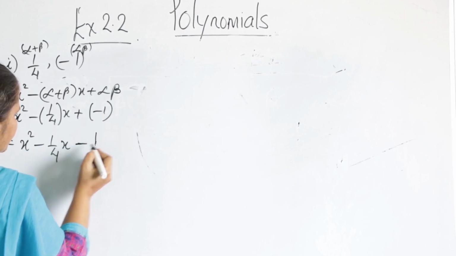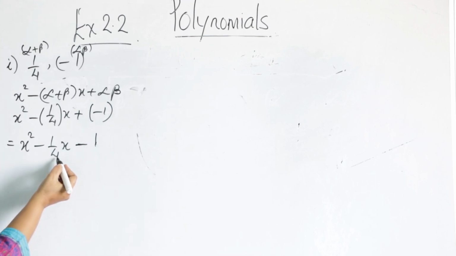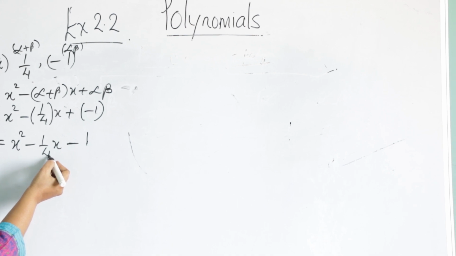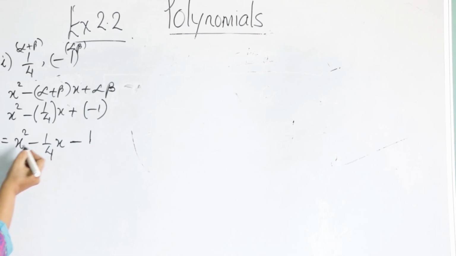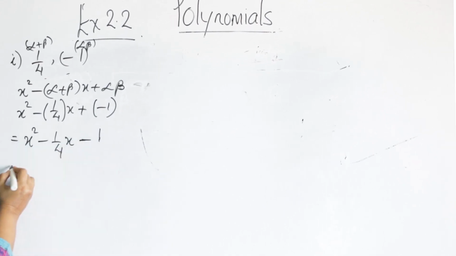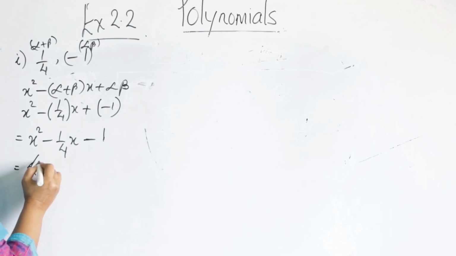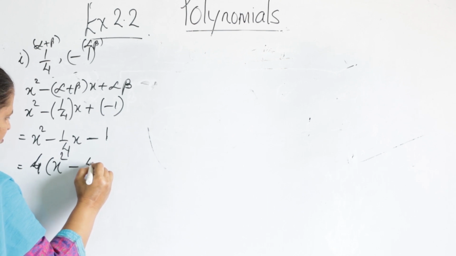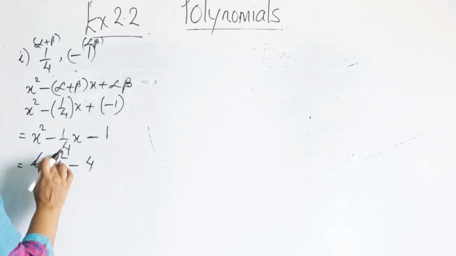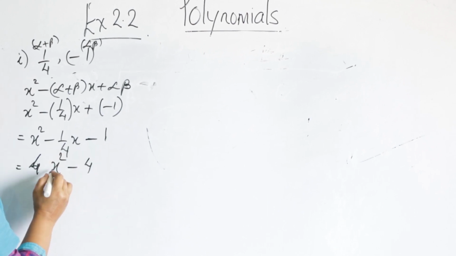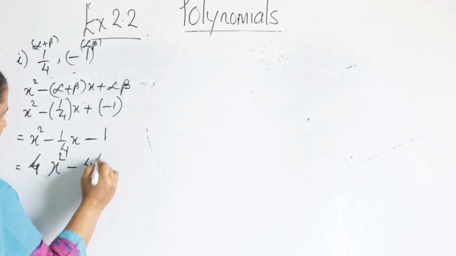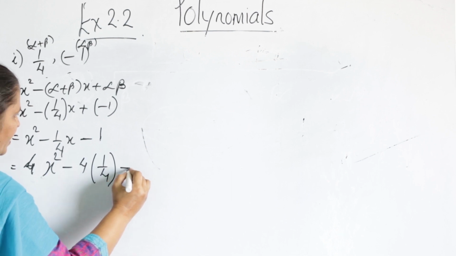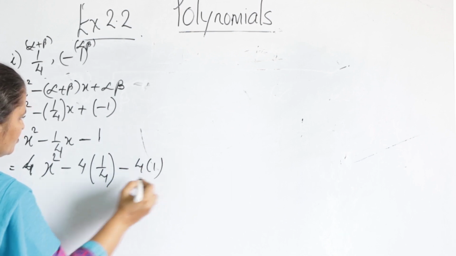Now to express this in the standard form, we have to eliminate this 4 from the denominator. To eliminate this, we multiply every term by 4. It takes this form: 4x square minus 4 times 1 by 4 x minus 4 times 1.